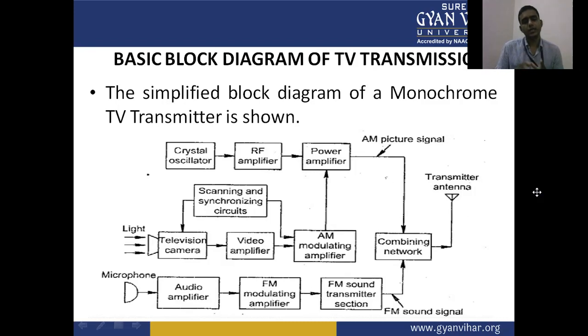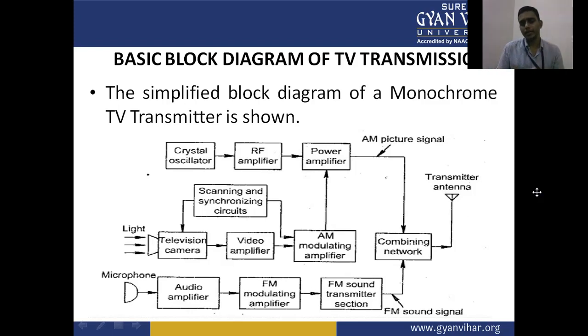Then in the next section, we have the FM sound transmitter section. Sound is transmitted to this section, and we have the crystal oscillator, RF amplifier, and power amplifier. The amplitude modulated picture signal is amplified by the power amplifier, which is driven by the RF amplifier and the crystal oscillator.